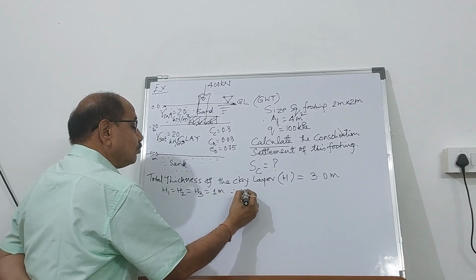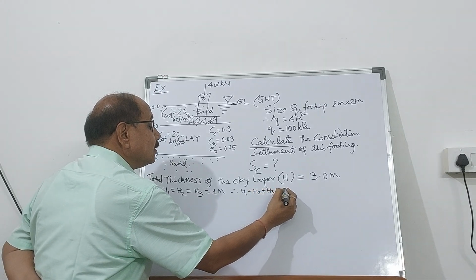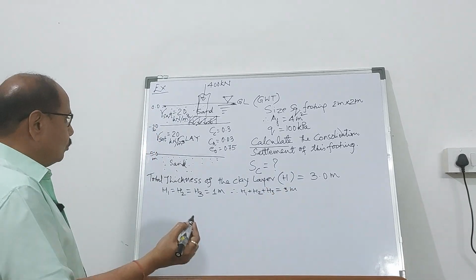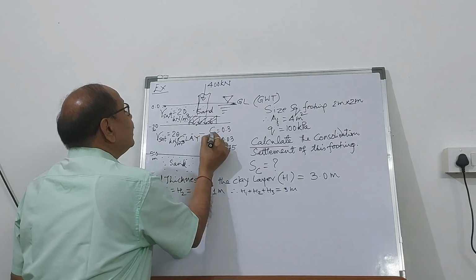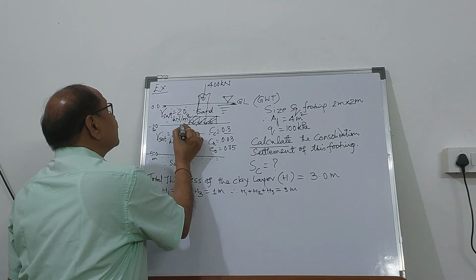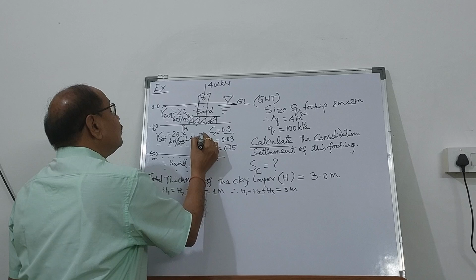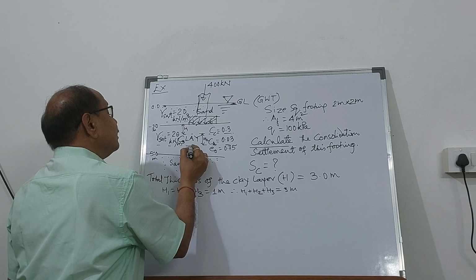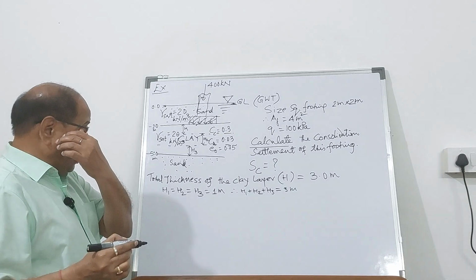Therefore, H1 plus H2 plus H3 equal to 3 meter. Now, let's say this is my layer 1, this is the first layer of thickness H1, this is the second layer of thickness H2, and this is the third layer of clay H3. So there are 3 layers.